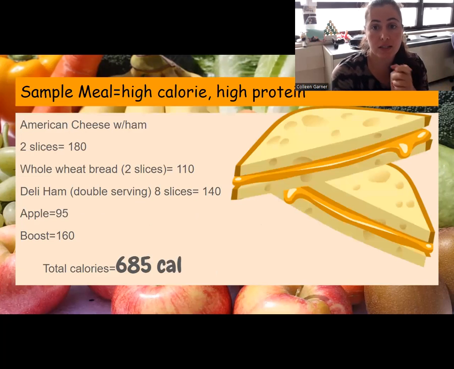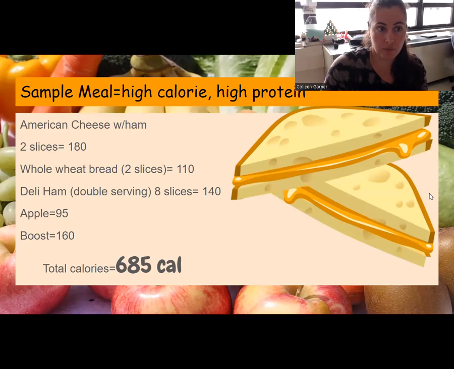So let me give you a quick sample meal. You guys are going to be creating a sample meal, so please pay attention to what I have written down, because this is going to be similar to what you are going to write down. An American cheese with ham, so like a grilled cheese sandwich, 2 slices are 180 calories.